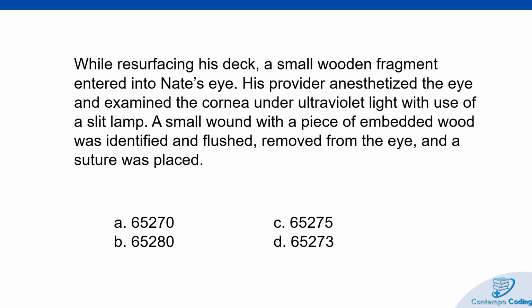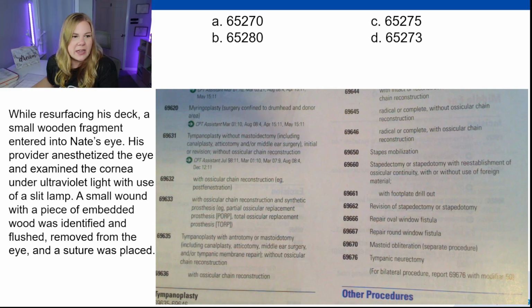Next, while resurfacing his deck, a small wooden fragment entered into Nate's eye. His provider anesthetized the eye and examined the cornea under ultraviolet light with the use of a slit lamp. A small wound with a piece of embedded wood was identified and flushed, removed from the eye, and a suture was placed. So what am I going to take over here?